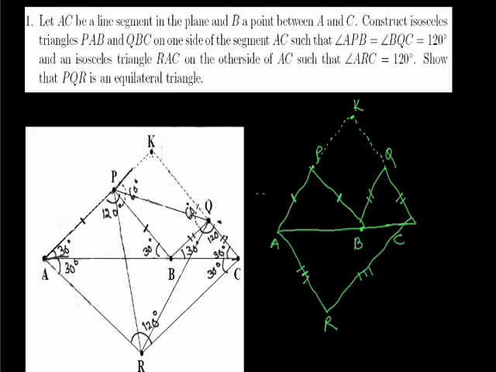Now I can see that KPBQ is forming a quadrilateral whose angles are like this. I can mark this as 30 degrees, 30 degrees. So this angle will become 120 degrees.